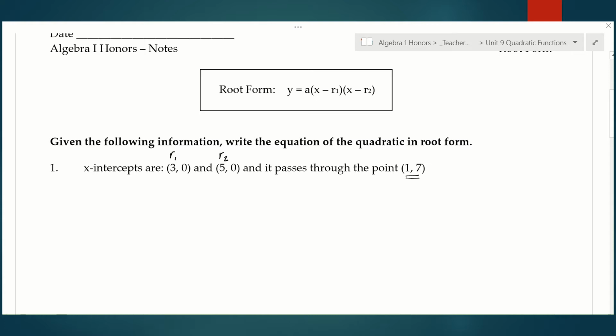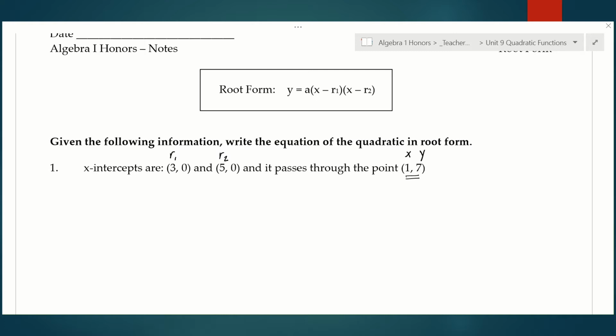I don't have to worry about the y-coordinates, because they're always going to be 0 in an x-intercept, so it's really the x-coordinate that I care about, making r1 and r2. The other point that we have is going to be our x and y. It has an x-coordinate and a y-coordinate. Now if you look back at our formula, we have everything we need to substitute in except for a. Just like in vertex form, a is what we're going to solve for.